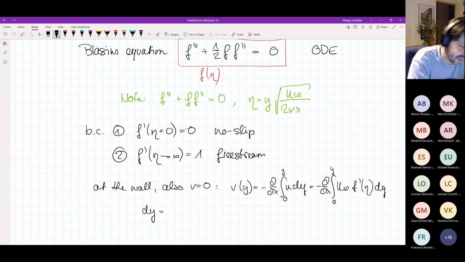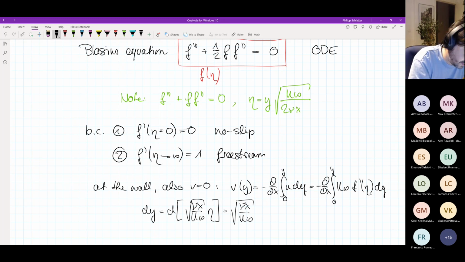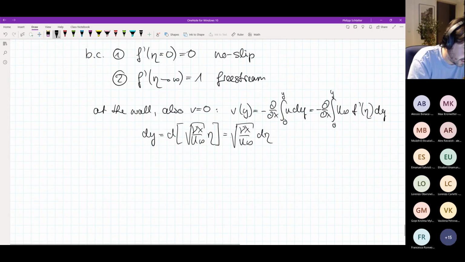But dy becomes d of square root of nu x divided by u infinity times eta, which is nothing else than square root of nu x over u infinity d eta, something like that.